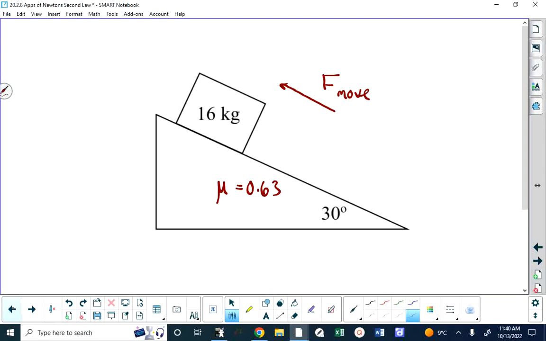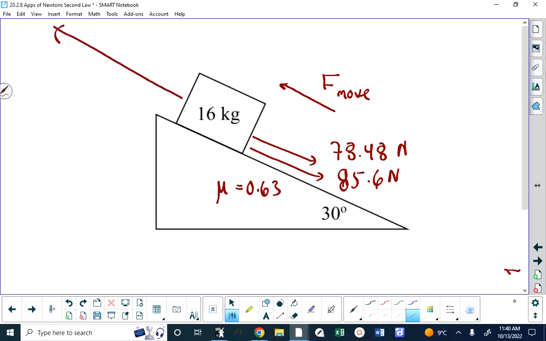And what you would have to do is recognize that you have 78.48 newtons down the ramp because of gravity. You also have 85.6 newtons down the ramp because it's friction. We're trying to move it up so the friction's backwards. That means if I want to move it, I have to apply a force equal to the sum of those two to get it to move.